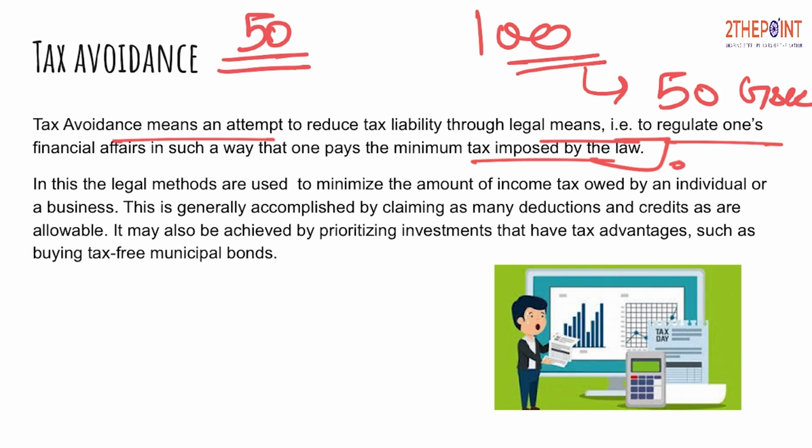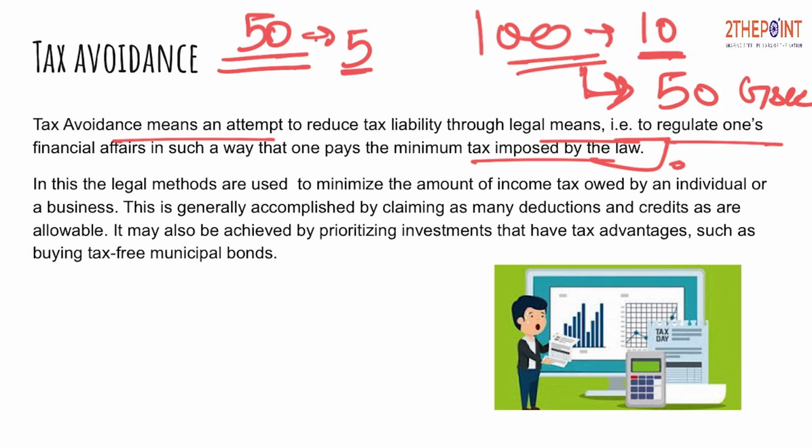Now the government will charge 10% on this rupees 50, which will come to rupees 5. Earlier, how much were you paying? You were supposed to pay rupees 10. Now by diverting your money into government securities, or anything which the government considers tax free, you are reducing your tax liability from 10 to 5.